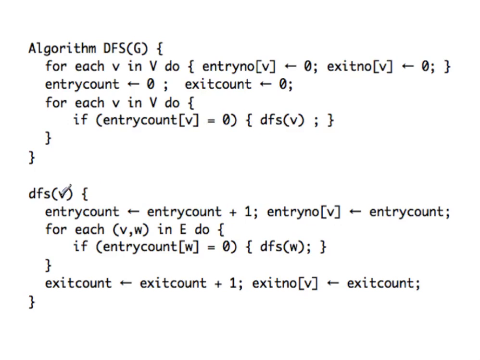When we enter the vertex, we increment the entry count and update the entry number for that vertex. Now for each neighbor, we check if it's been visited. If it has not been visited, we recursively visit it. And now when we have finished processing V, when all the edges outgoing from V have been considered, we update the exit count and store the exit number. So a simple modification of the previous pseudocode allows us to keep track of both these numbers.